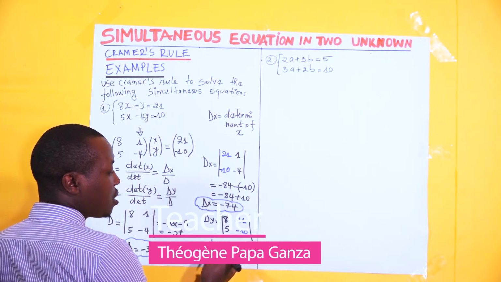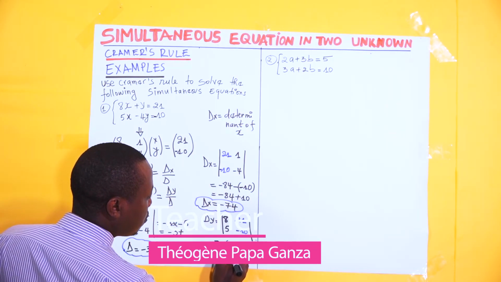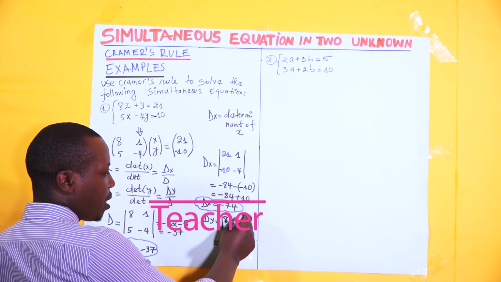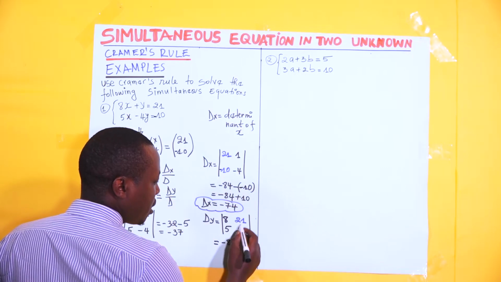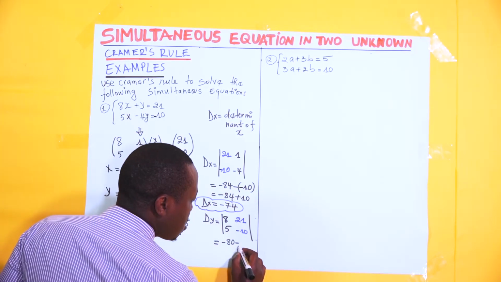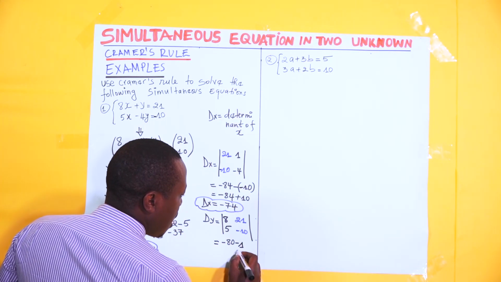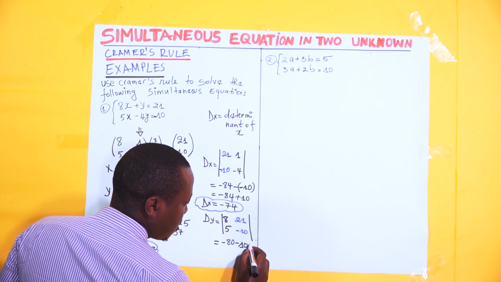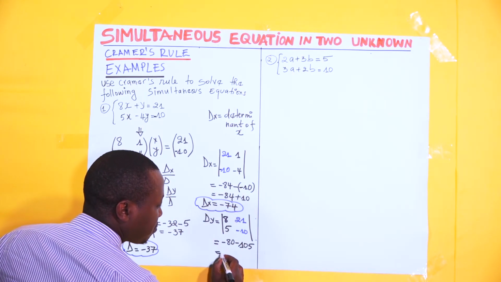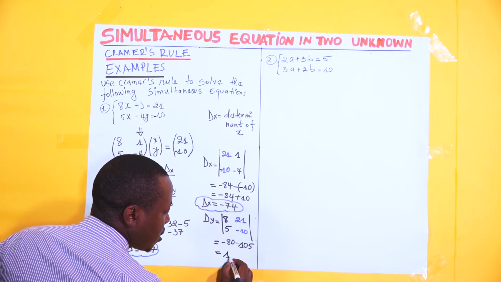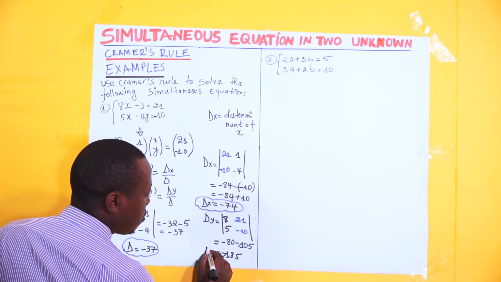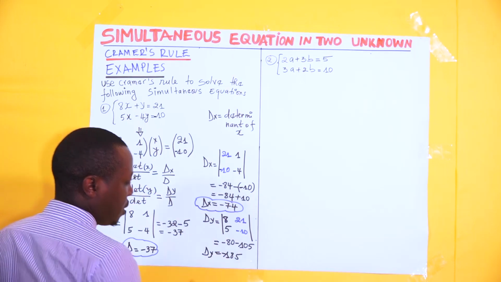The multiplication of 8 and 10 gives us 80, right? When you multiply 5 by 21, it is 105. So when you subtract these numbers, the answer is negative 185. So this is the value of the determinant for y.